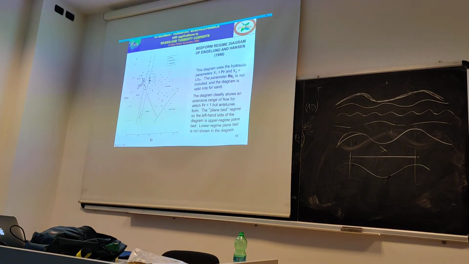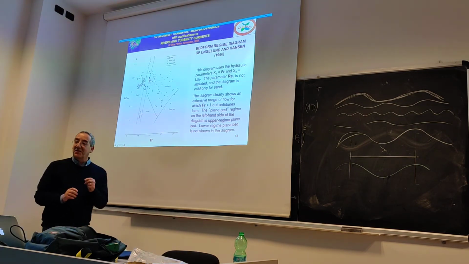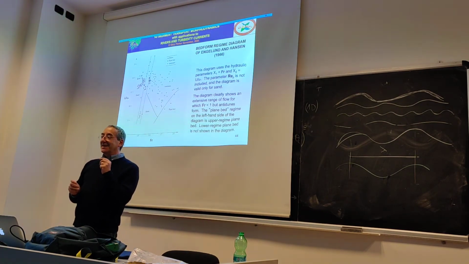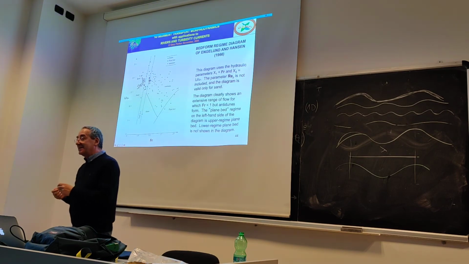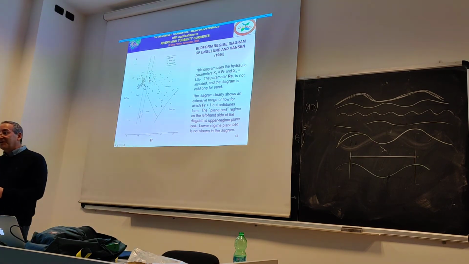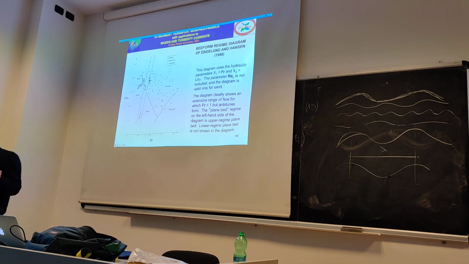The distinction between sand and gravel is very difficult to make, in the sense that, in the space of the parameters, you have a continuum. Once again, it's quite easy to define, because if you look at it, it looks like sand, or it looks like gravel.